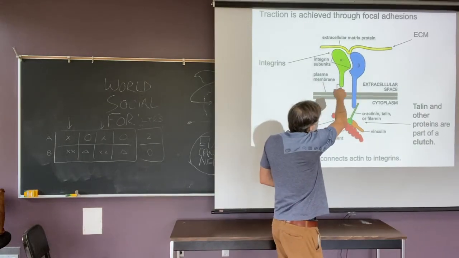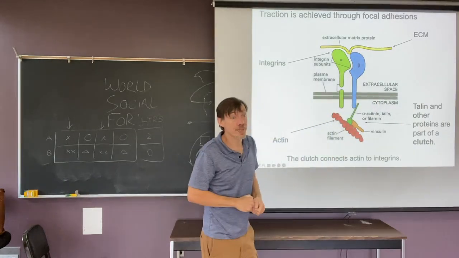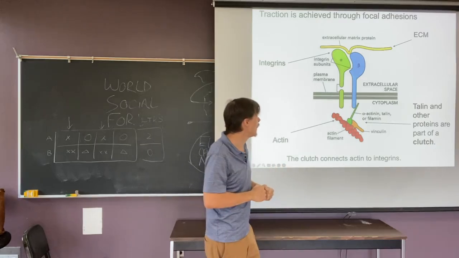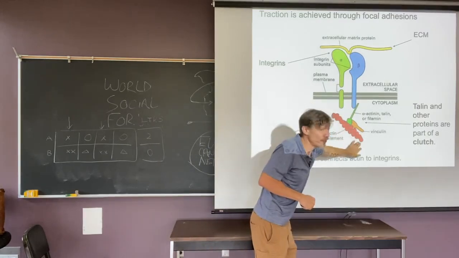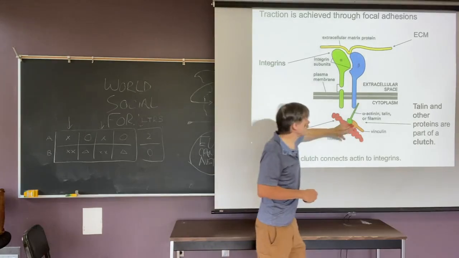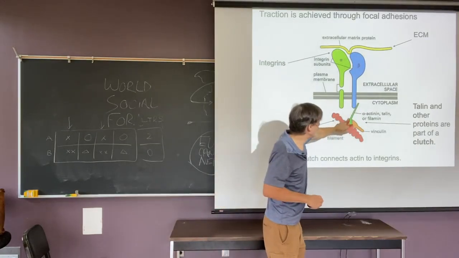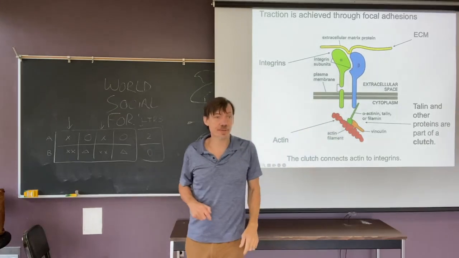They can interact with extracellular matrix proteins, so they can grip on and bind in a very selective way. On the inside of the cell, we've got our actin filaments, and there are a set of proteins, in particular talin and vinculin, which link integrins with actin filaments.